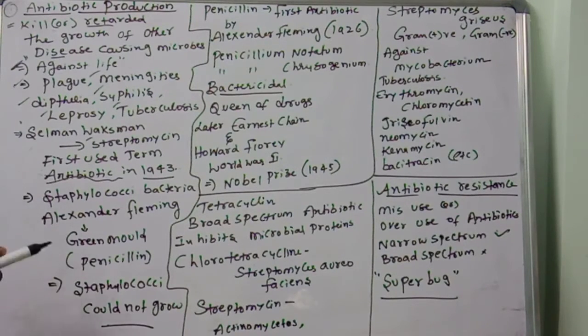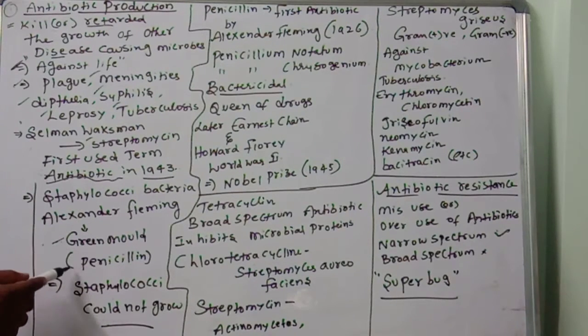Staphylococcus bacteria, very important. Alexander Fleming was doing research in his laboratory on Staphylococcus bacteria. He kept petri dishes with Staphylococcus growth. After some time he observed that one green mold had grown, and in the area around the green mold there was no growth of Staphylococcus.